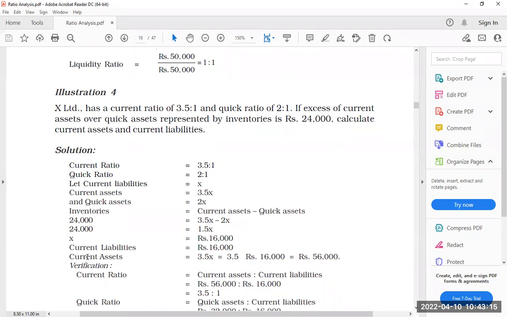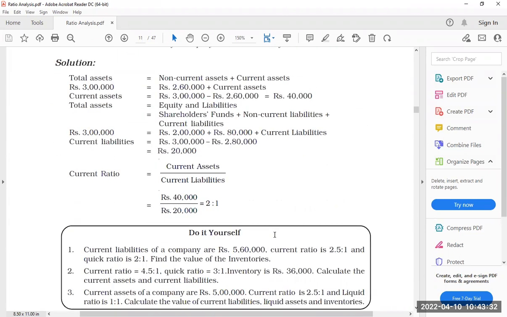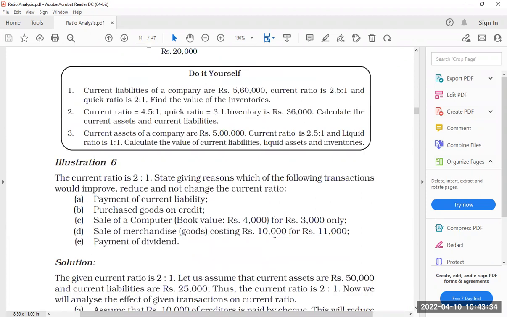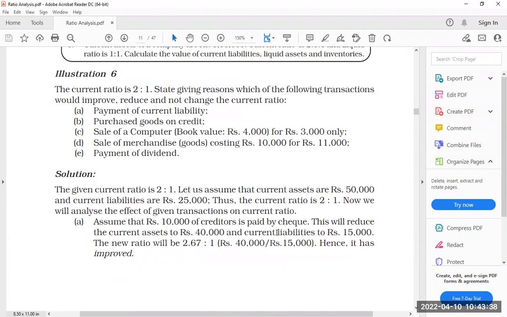Current asset is equal to 3.5 times liability, so 3.5 into 16,000 is equal to 56,000. Just mathematics, nothing in accounting. We're trying to find out how much the current assets are based on these two ratios. These kinds of questions may also come, though they do not serve any purpose as such, but they may be there, to test your mathematical understanding of two or three concepts together.